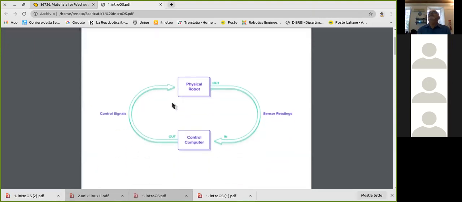This is very simple. Physical robot, control signal, control computer. So in a robot, your software is part of the big universal control loop: sensor reading and control signals. What is inside the control computer?